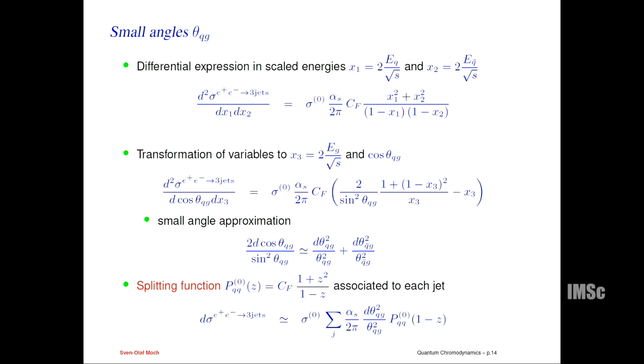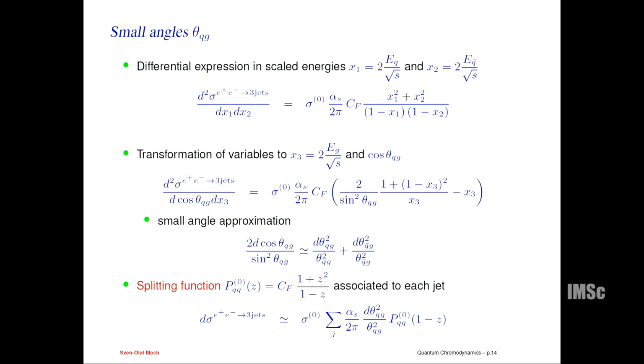So I can basically split this into 2 angular integrations, 1 for the angle quark to gluon and 1 for the angle anti-quark to gluon. And then you see here that the d theta over theta and d theta over theta of the anti-quark, this is the collinear singularity, and here the x3 in the denominator, this is the soft singularity. So we again have the singularities manifest.